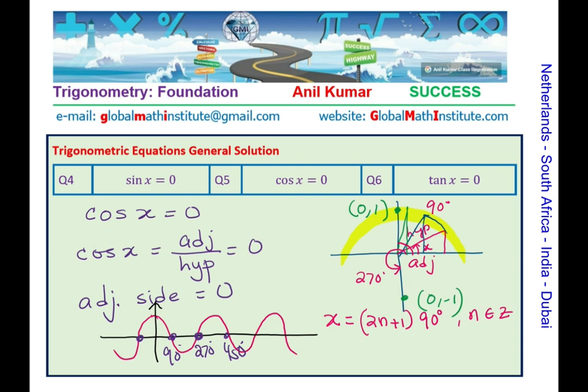So that becomes a general solution for cos x equals to 0, 2n plus 1, odd multiples of 90 degrees, right? So it is odd multiples, which is the expression 2n plus 1 of 90 degrees. Makes sense, right? So we have understood how do we solve this equation and provide its general solution.